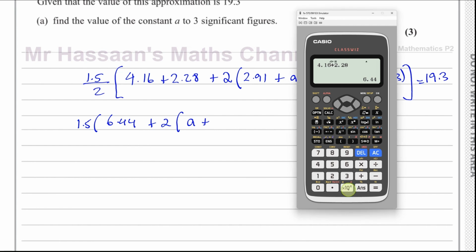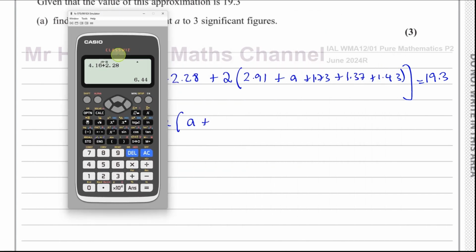So that gives us, let's put this over here so we can see, 2.91. Careful. Plus 1.73 plus 1.37 plus 1.43. Okay, so that gives us 7.44.